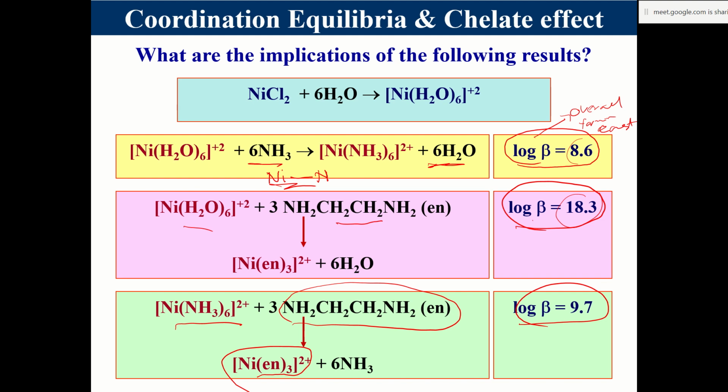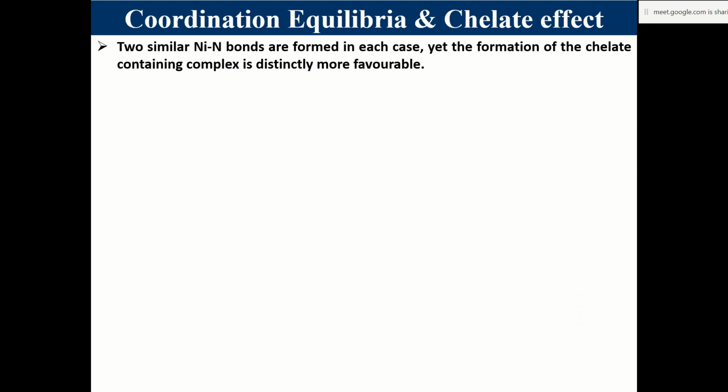So if you have the ammonia NH3 6 complex and you add ethylene diamine, the ammonia is easily replaced with ethylene diamine, with a log beta of about 9.7. That's also a huge difference. This overall formation constant is the difference between these two. You can see a difference by a factor of 10.